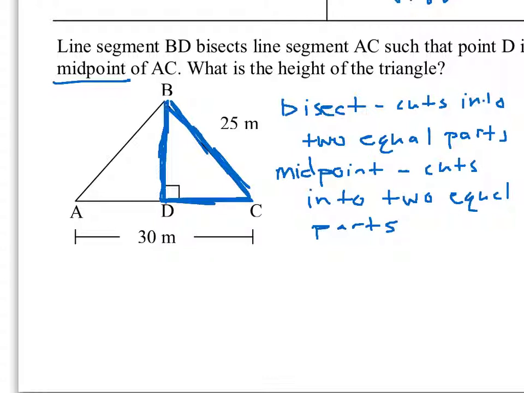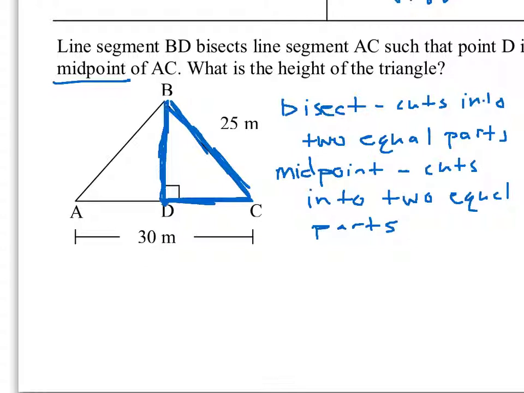Now we're going back to the question. Why is it important that I know that D is the midpoint of AC? Javier: Because the total length of the triangle is 30 meters. And the triangle is cut in half, so we have to find half of 30.